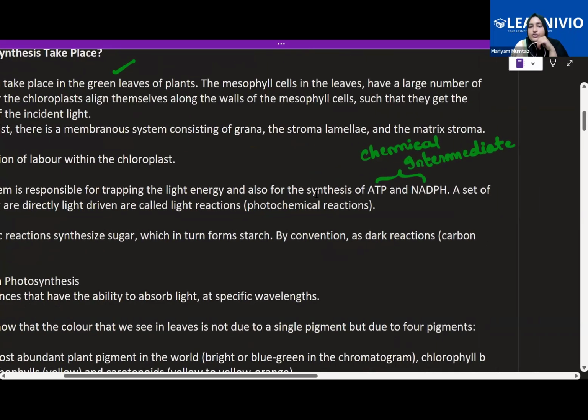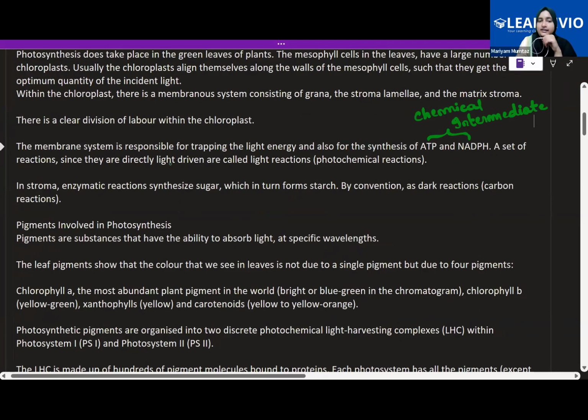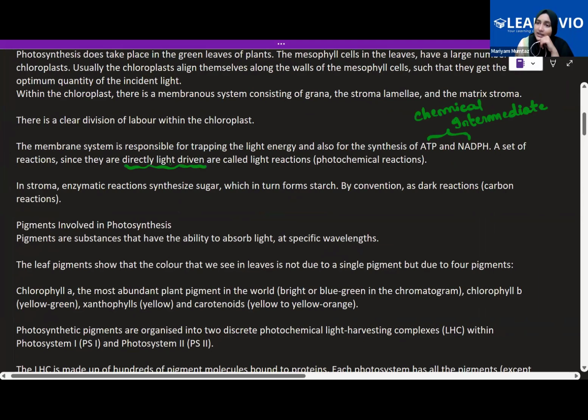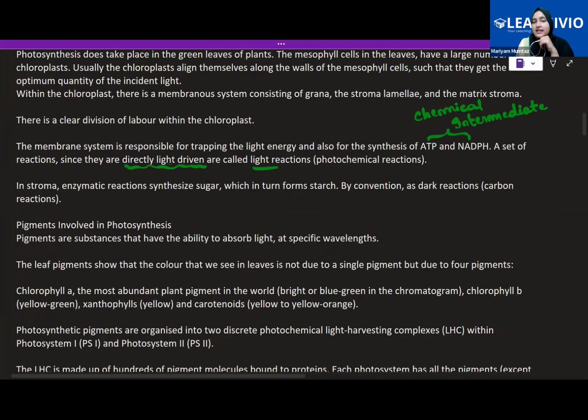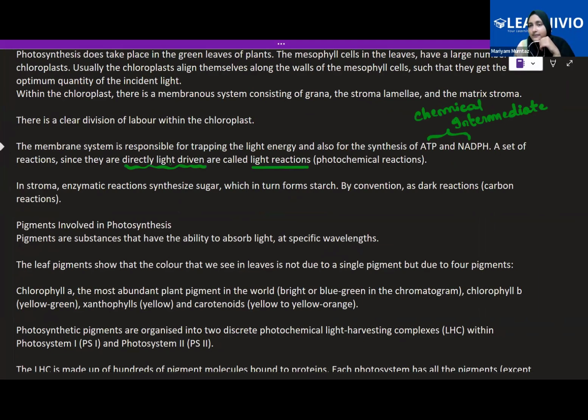Understood? So a set of reactions that are directly driven by the light, meaning they will take place as the light is incident, we call the light reaction. After the light reaction, the products that are formed are ATP and NADPH. Now, the light reaction happens in the membrane system, meaning the stroma lamellae.